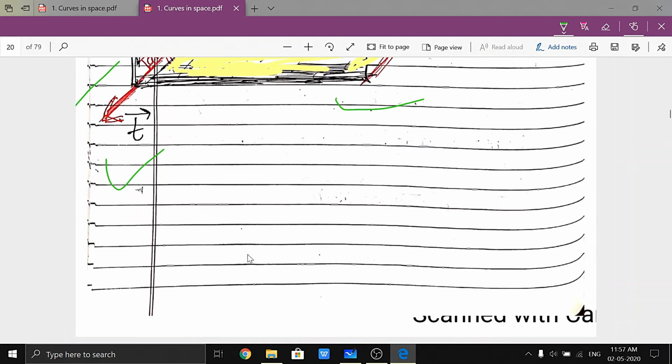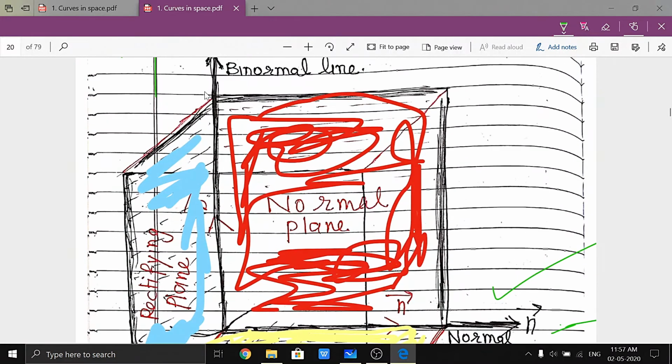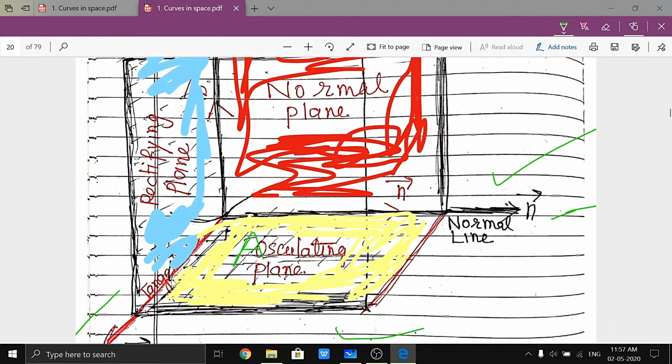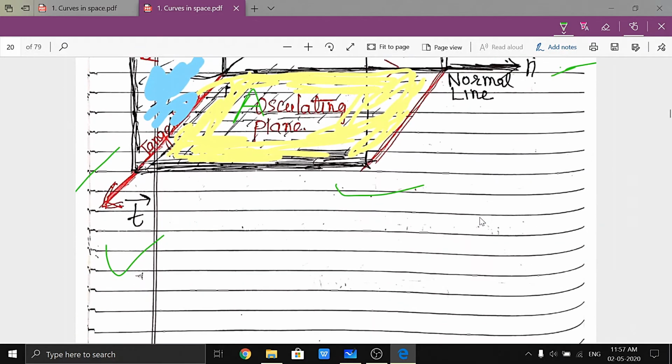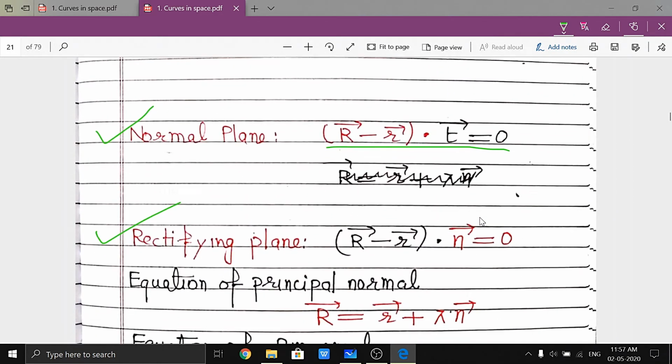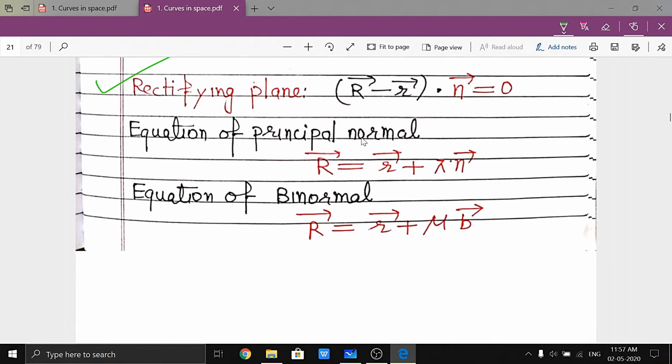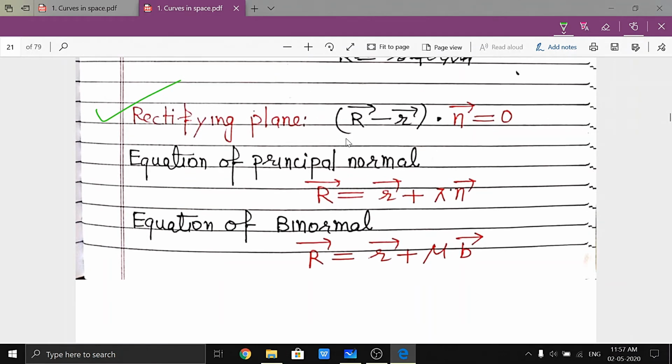The rectifying plane contains the binormal line and the unit tangent, so it is perpendicular to the principal normal. The equation of the rectifying plane is (R minus r) dot N equals 0.